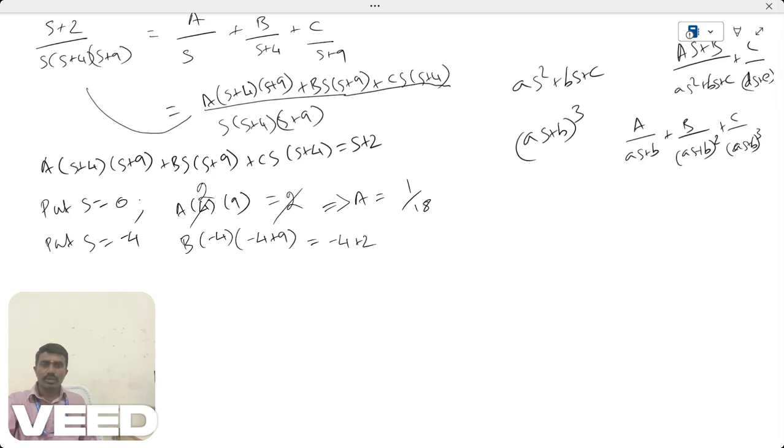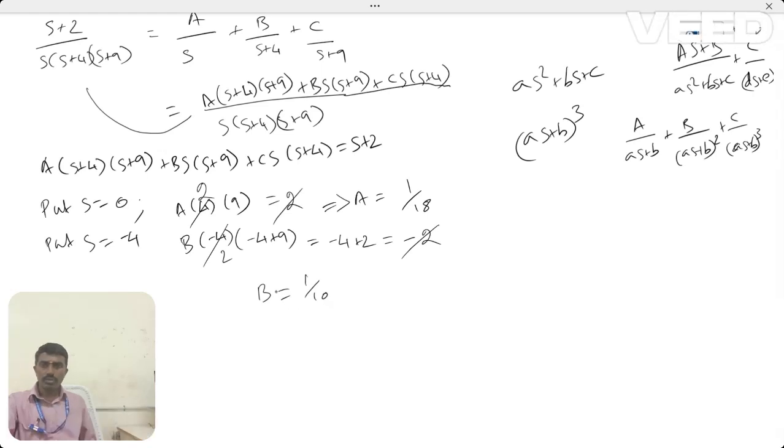If you simplify, it is equal to minus 2, so the 2 gets cancelled, and you get B equal to 1 by 10.